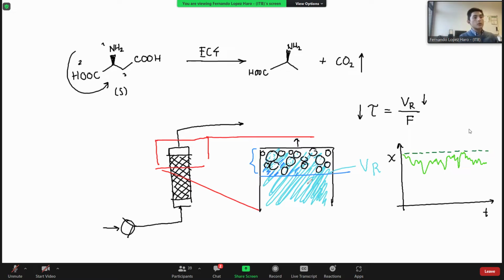And this is due to this formation of bubbles at the top of the reactor. As more bubbles are created, we have less volume in the reactor for the reaction to happen.